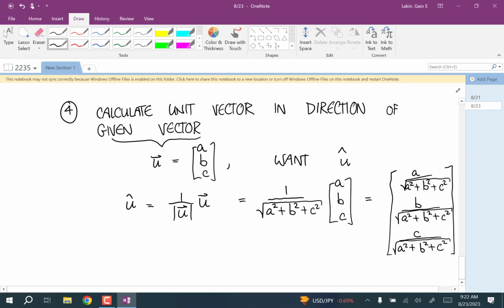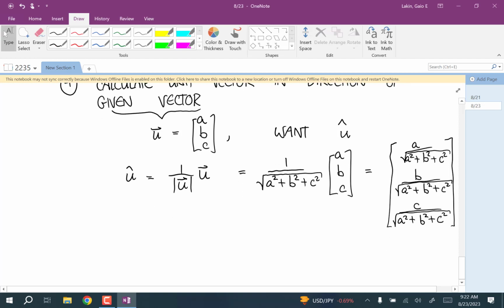It seems like sort of a random thing to want to calculate. Can anyone think of a case where you would want to calculate a unit vector in the direction of a given vector? Okay, so think about the force that a cable applies to something. I know this is a while ago or whatever, but see if you can.